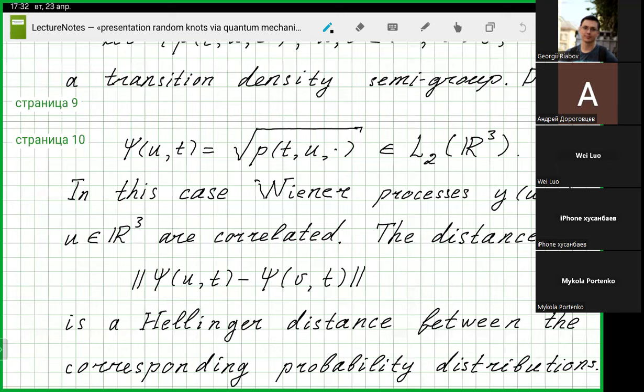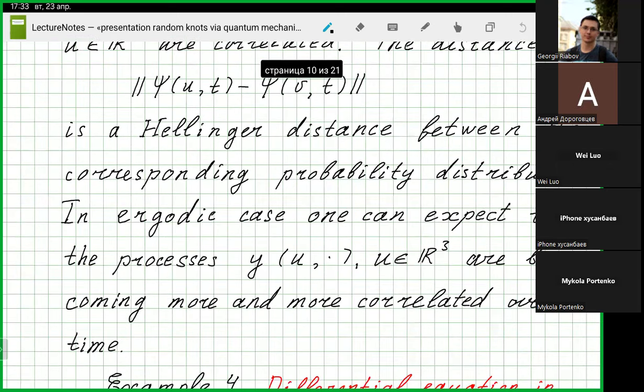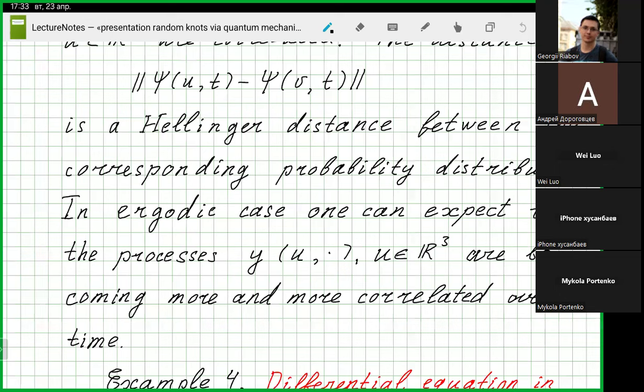In this case, one can expect that the processes Y become more and more correlated over time. So the instant correlation between particles can change.